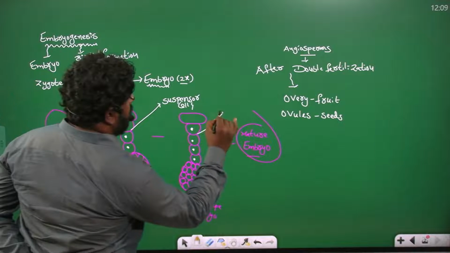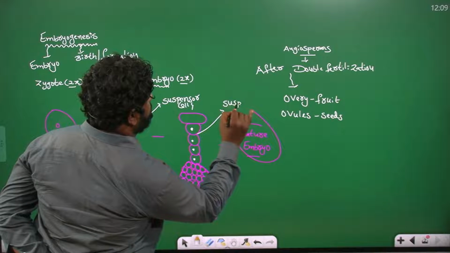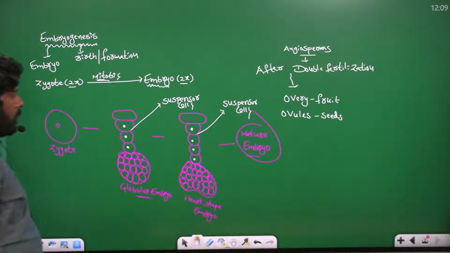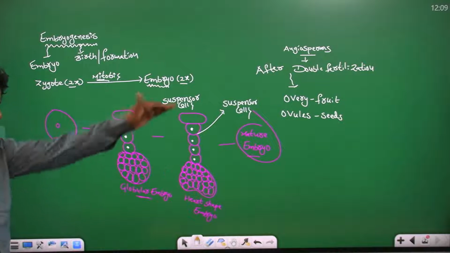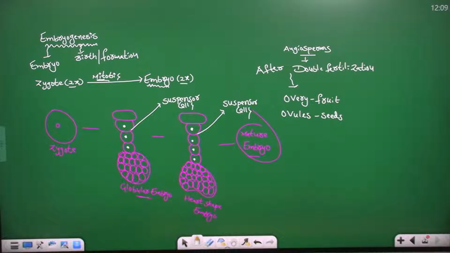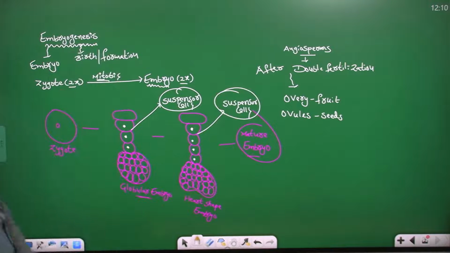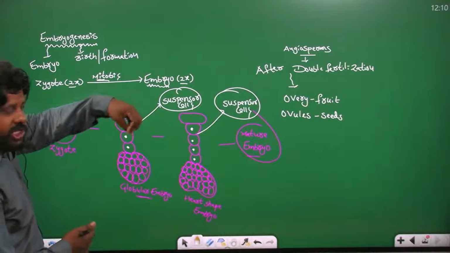The cells which are present just above the globular and heart-shaped embryo are called suspensor cells. The exact function of suspensor cells up to date we don't know. But according to the ideas, the suspensor cell pushes the embryo.